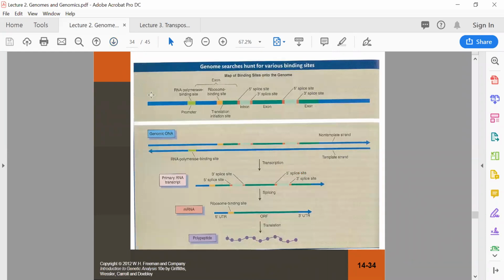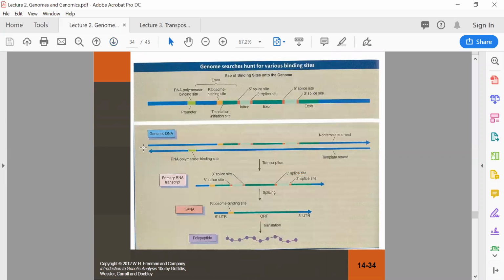All right, and here we have genome searches that hunt for various binding sites in the DNA. This is very similar to a previous image that I showed you.